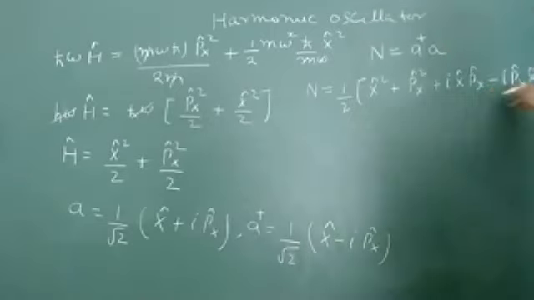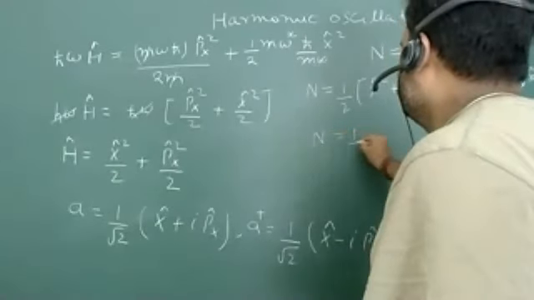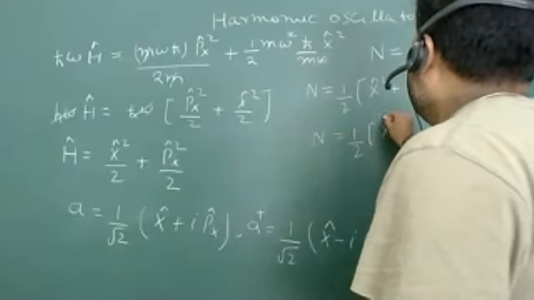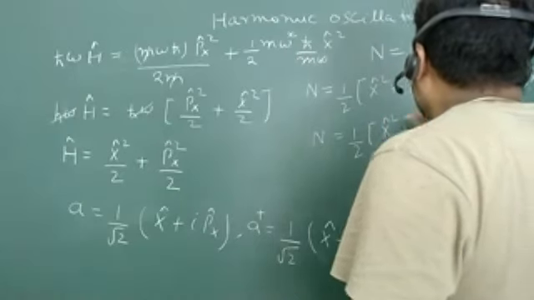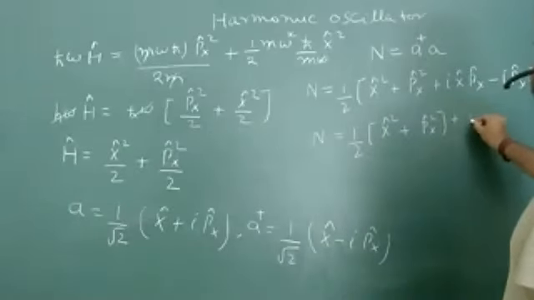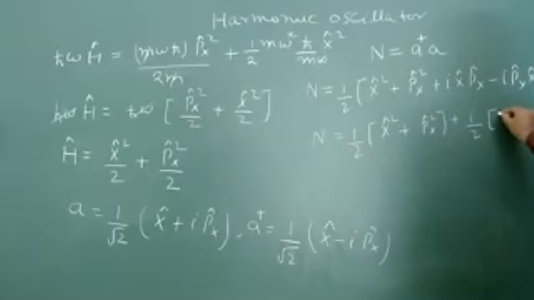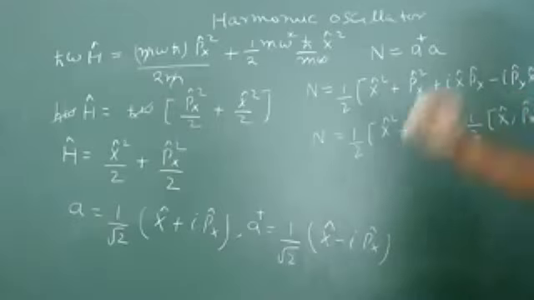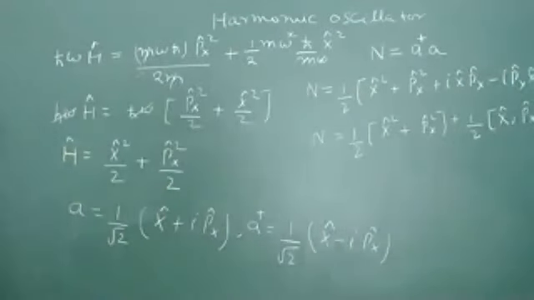Now, this is nothing but the commutation of x cap and px cap. So we have n equal to half (x cap square plus px cap square), and I can have i by 2 times the commutation of x cap and px cap. Now let us find what the commutation of x cap and px cap will be.